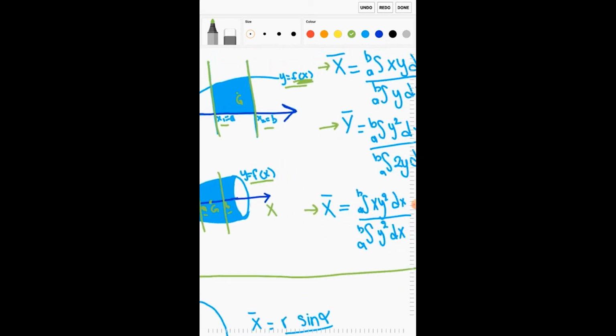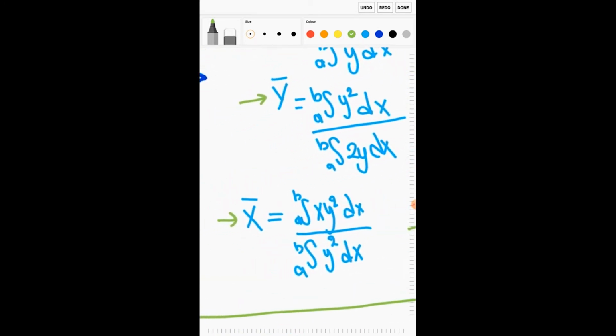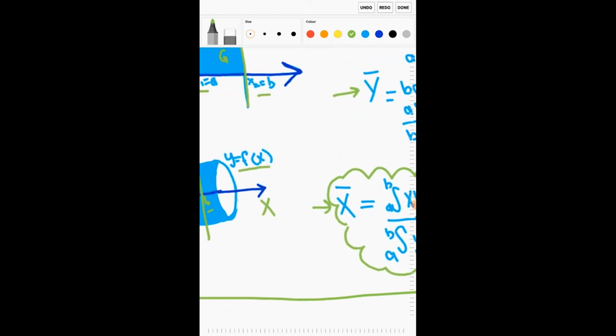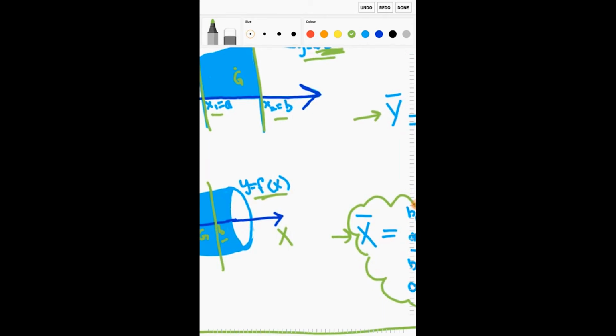And x bar, you're going to have to use this formula: the integral from a to b of x y squared dx over the integral from a to b of y squared dx. Now you just substitute, you square f of x and you substitute.